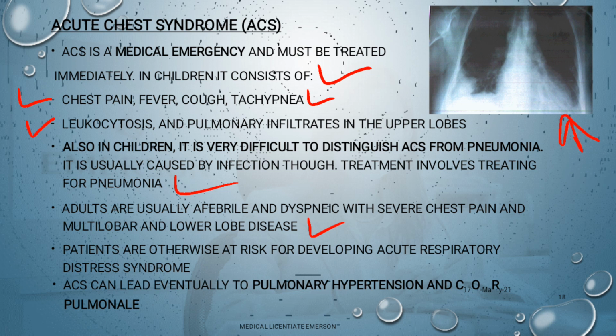So it can lead to pulmonary hypertension, and eventually it will lead to cor pulmonale, which is the right-sided heart failure secondary to prolonged pulmonary hypertension from the pulmonary disease.